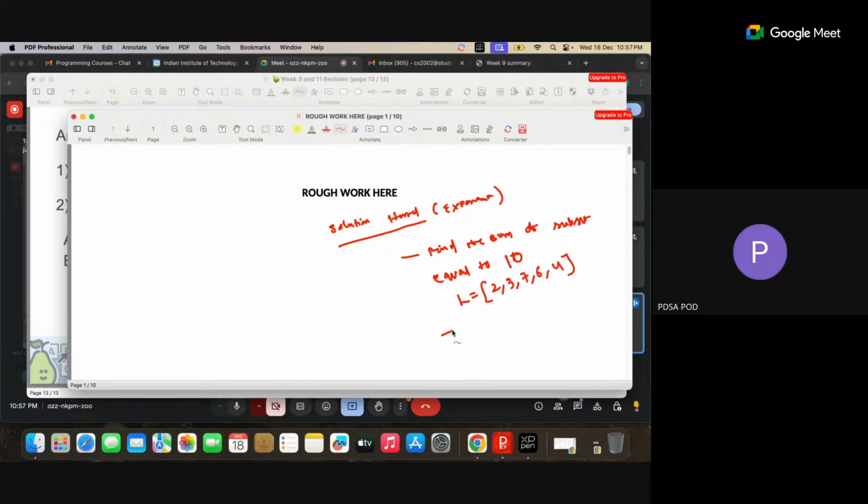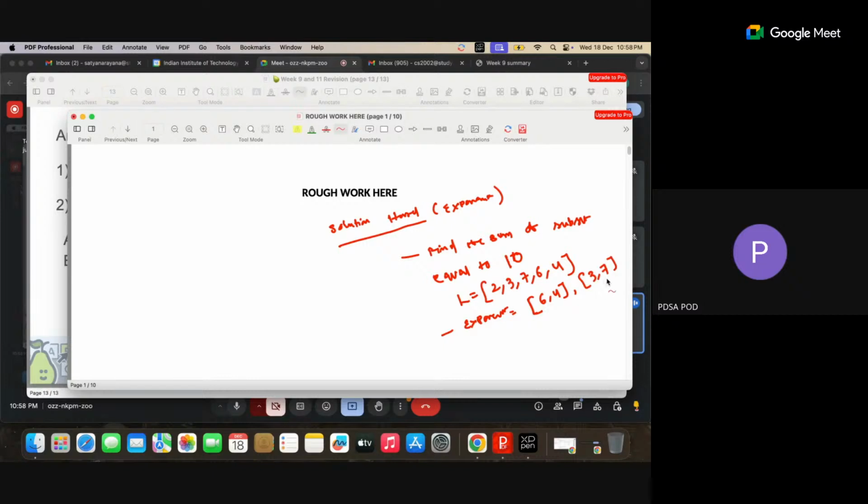The student has done some solution. We don't know what his solution is, but the exponential solution, he did it. He came with, sir, I got the subset. The subset is this, 6 and 4. Or maybe he comes with another subset, 3 and 7.